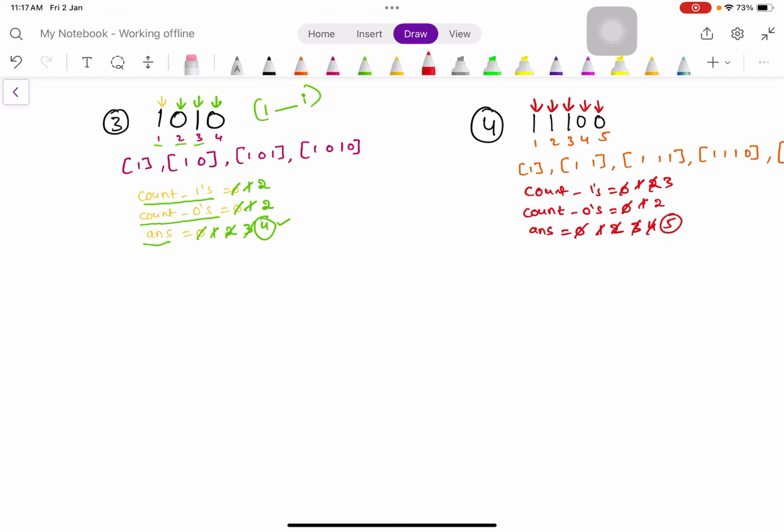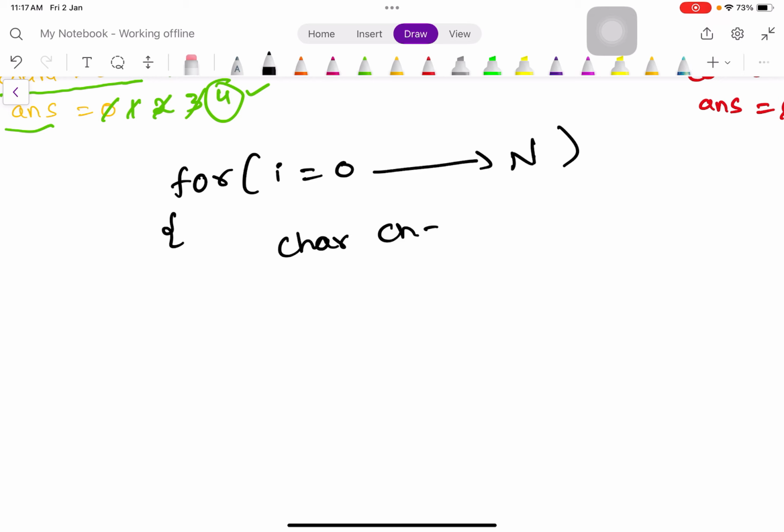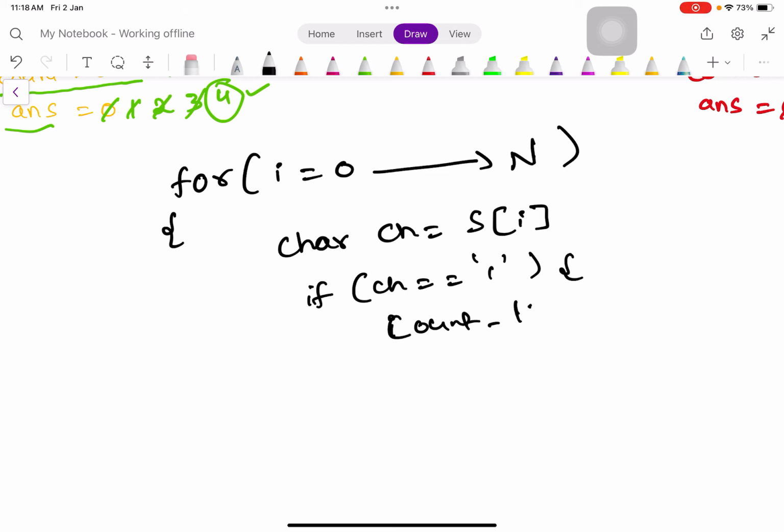Let's write the pseudocode for this problem. So what am I doing? From the 0th index, I go until the last index, and I get the character at index i of the string. If that character is 1, then simply increment the count of ones, else increment the count of zeros.